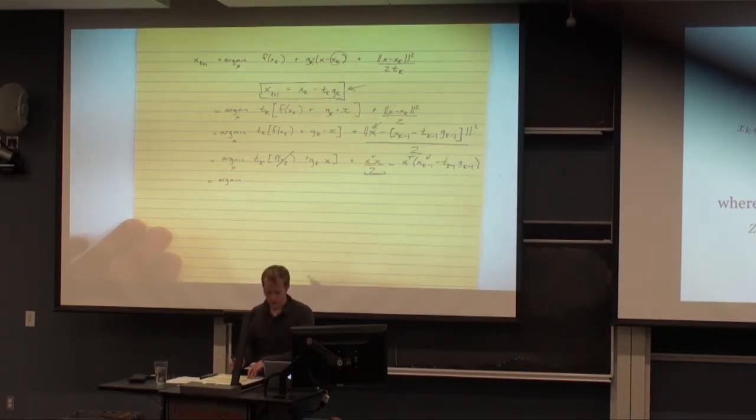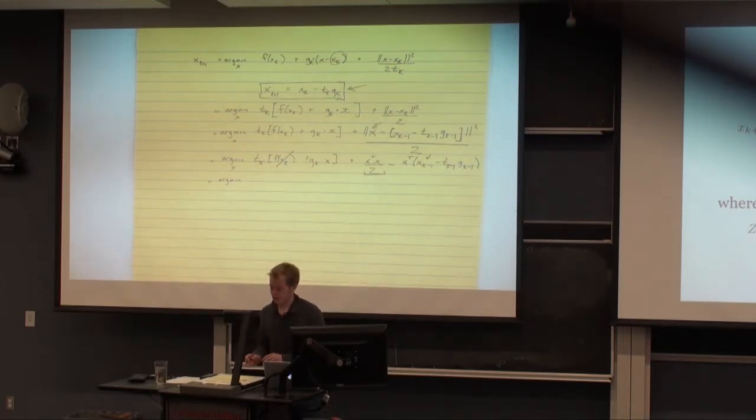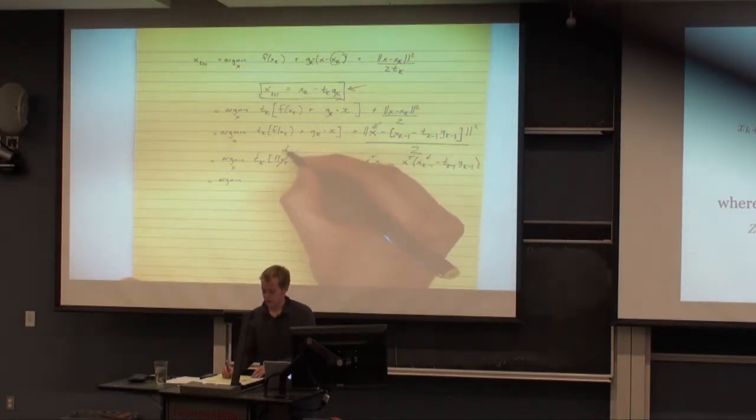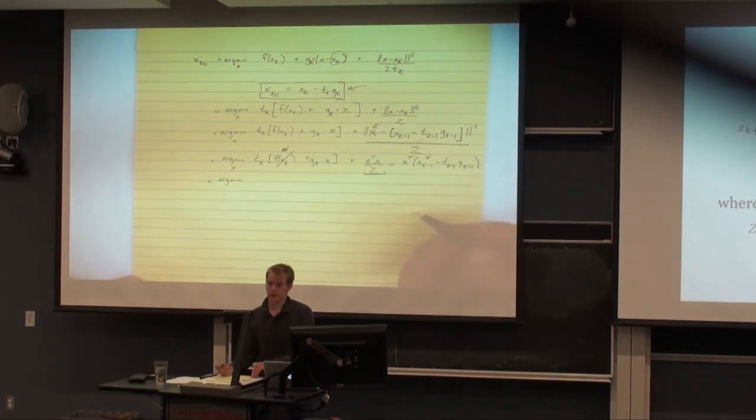Now I'm going to make it look like what I have on the slide. I'm going to throw back in these terms here, which again, the minimization doesn't depend on, so I'm allowed to do that.